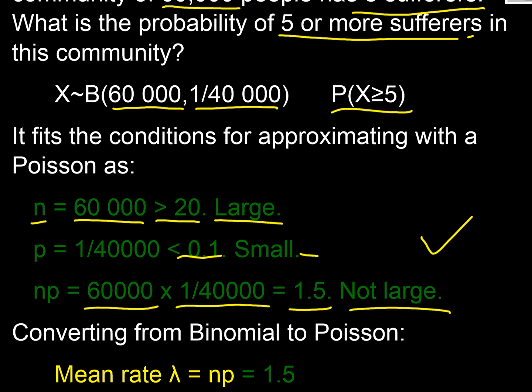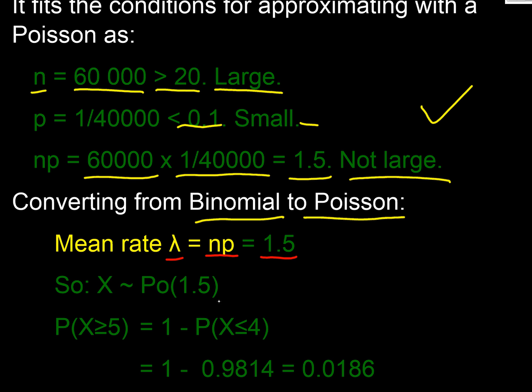Okay, how do we convert our binomial into a Poisson? Well, we need to work out what the mean is for our Poisson, what our rate is, our lambda. And the mean of the binomial is going to be np, which we worked out to be 1.5. So we're going to use Poisson with a lambda of 1.5.